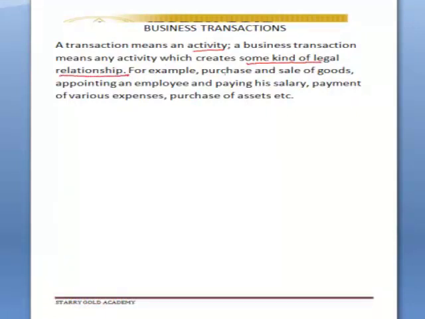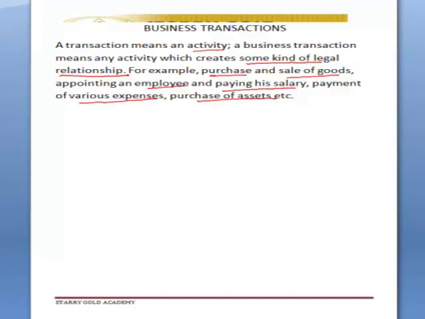For example, a purchase of material, purchase of machine, purchase of equipment, sales of the company's product or goods, appointing an employee and paying his salary, payment of various relevant expenses, rent, transportation, purchase of assets. These are what we call business transactions, as long as there is a legal obligation.